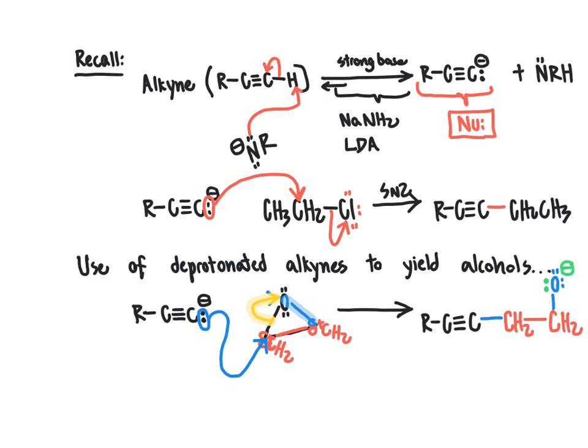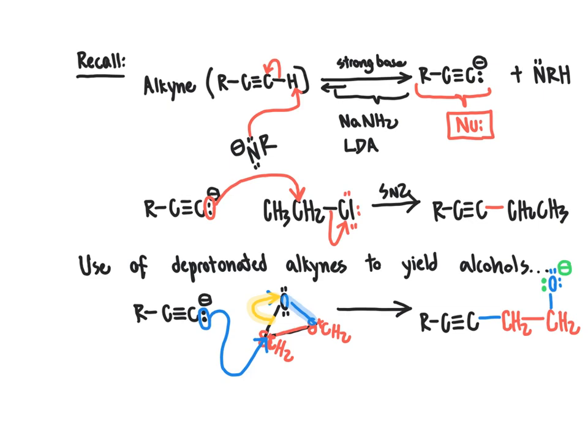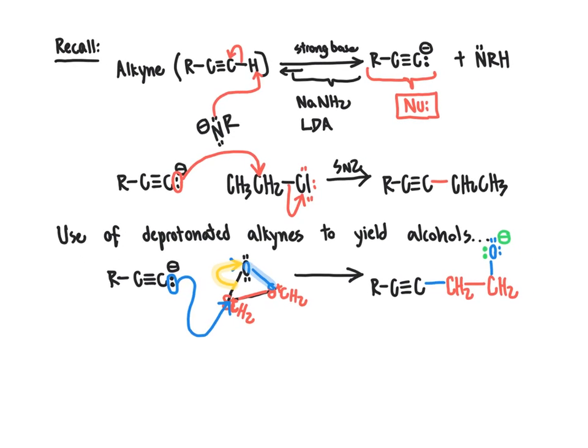So now at this point we're pretty close to having created an alcohol molecule. What we would need to do is protonate that oxygen. And in order to protonate that oxygen, we will have to add something else to the reaction mixture, because if you look at what's available at the moment, we just have an alkyne plus an epoxide. We don't have any source of proton available there.